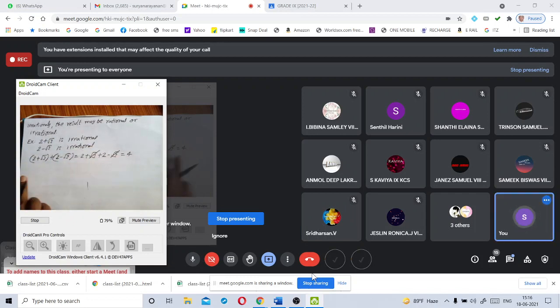Okay, my children. Suppose you take 2 plus root 3 and 3 plus root 2. Let us take these two irrational numbers.